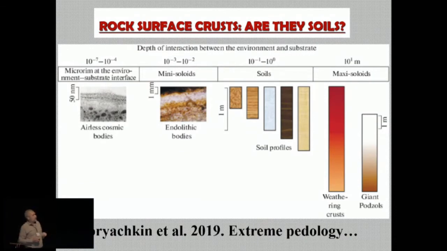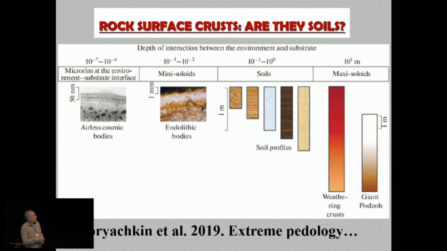There are some theoretical works about it, and terms like incipient soil, endolytic soils, primitive soils are applied. I would like to present here the work of Sergey Goryachkin and his co-authors, among them Viktor Tergulyan, whom you all know, on the general classification of the objects which appear on the surface as a product of interaction of the environment and the lithosphere.